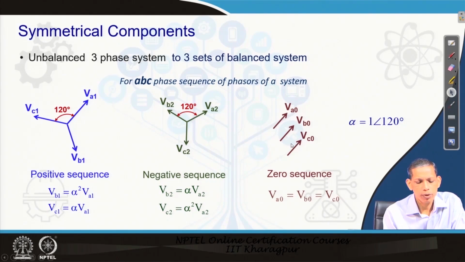But the important point is that it is not necessary that VA1 magnitude and VA2 magnitude will be the same, or VA2 magnitude and VA0 magnitude will be the same. It depends upon the different situations in the power system.